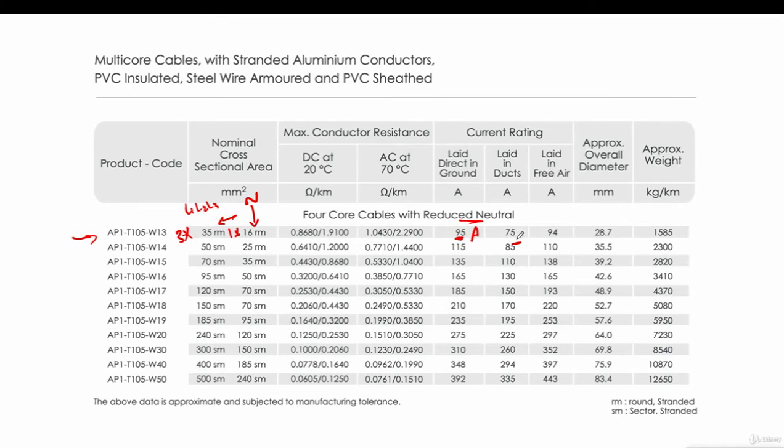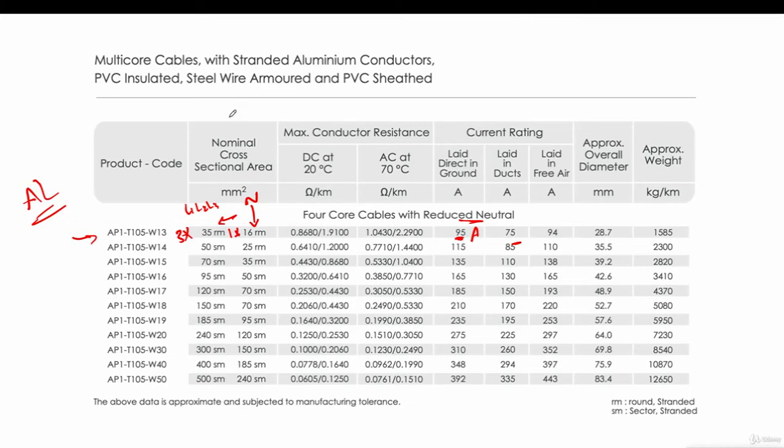I hope you understand how to read the cable specifications and the details from your local approved cables catalog.